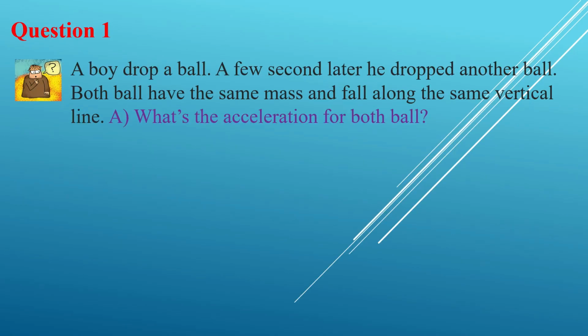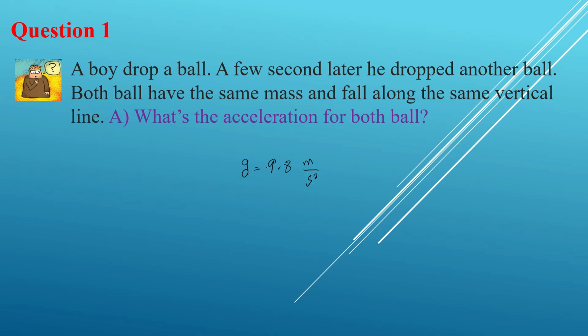Now let's go back to the problem. So the first part asks me the acceleration for both balls, right? In this case, they both have the same masses and fall along the same vertical line, correct? So the acceleration for both of them is going to be g, which is 9.8 meters per second squared.